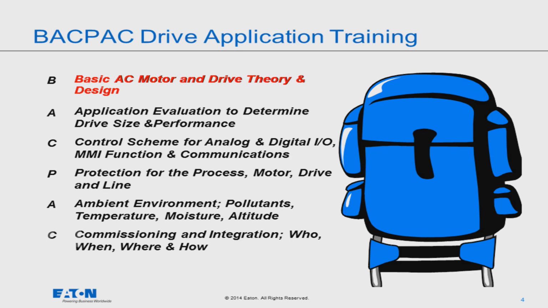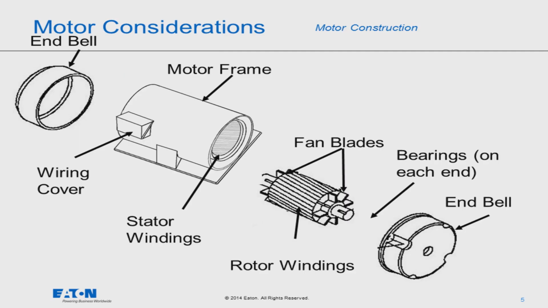Now, for the basics, everybody knows how the electric motor is built, okay? So we have our motor frame, some wiring covers, stator, rotor, and bearings, okay? It's pretty standard.